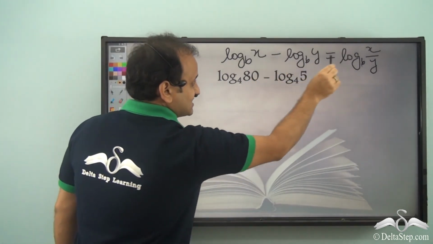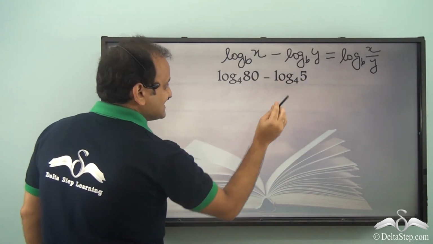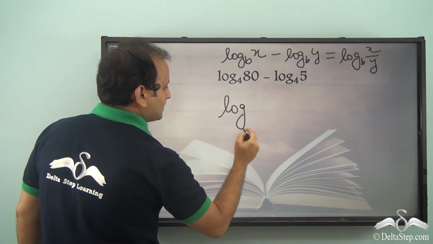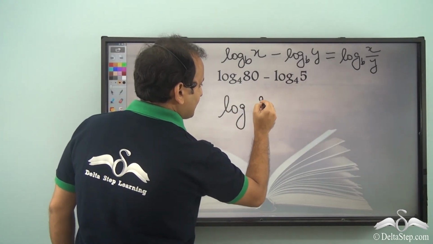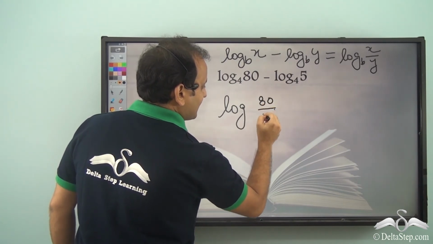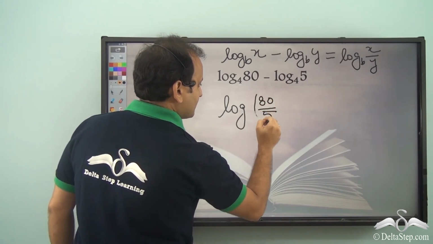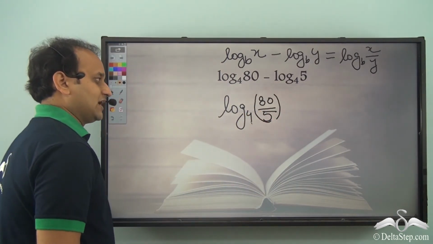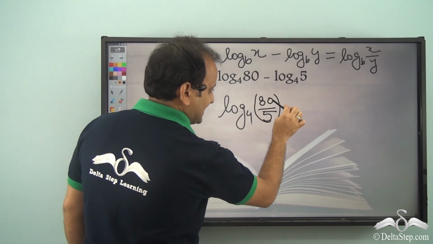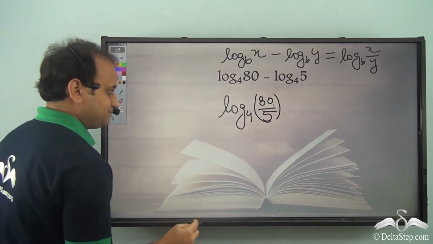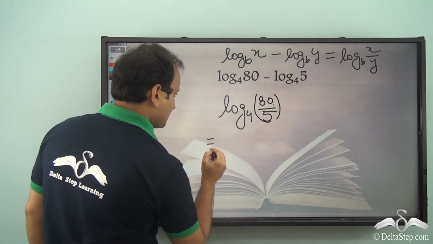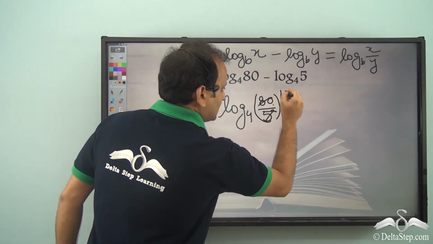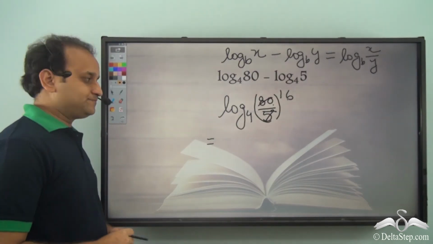So in this format, we can write this as log 80 by 5 to the base 4. Now, if we divide 80 by 5, what do we get? 16.